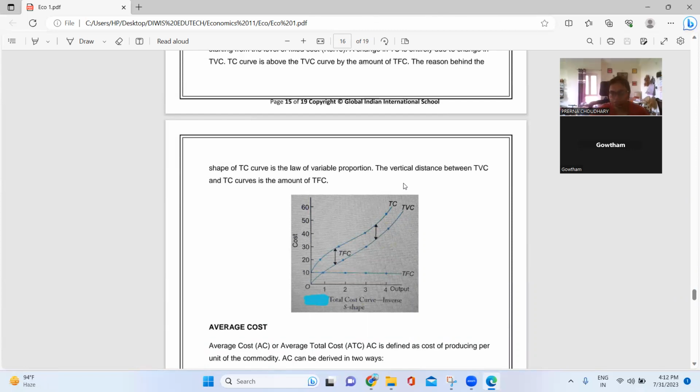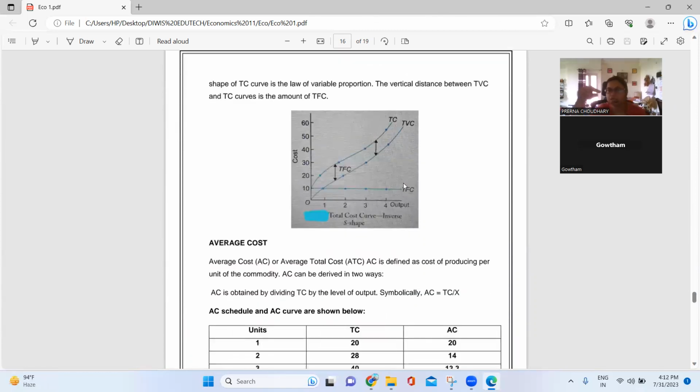If you can see this diagram, I told you that TVC will start from the origin, and it has started. The shape of both the curves, TVC and TC, is the same. There will not be any change in the shape of these two curves. The only change will be that TC will never start from the origin and TVC will start from the origin.